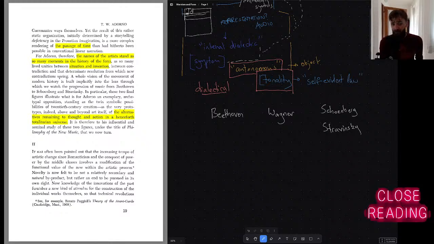And there is a rough historical progression here from Beethoven to Wagner to Schoenberg and Stravinsky. But Jameson is not going to explicitly contextualize the sort of historical impact that each of these composers had on each other. And by historical impact, I mean he's not going to talk about whether Wagner was consciously or self-consciously interested in Beethoven's music or Schoenberg was interested in Wagner's music. He's going to talk about the development of a relation of music as such to the tonal system through these different composers.